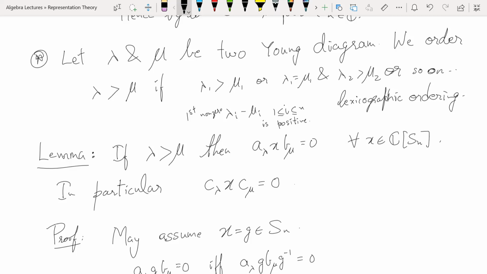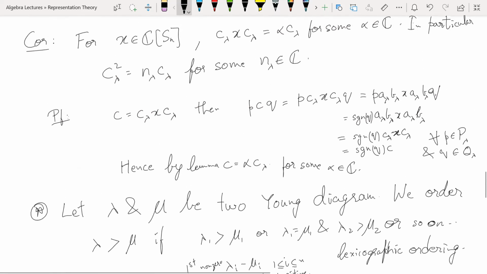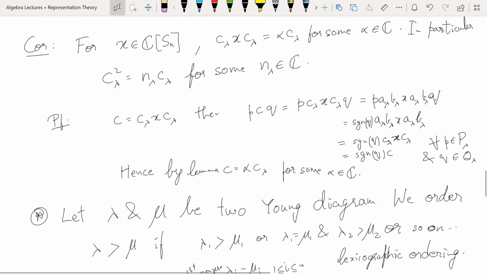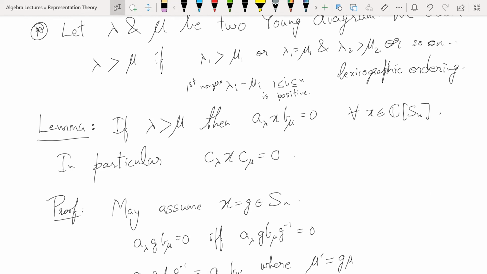So the second lemma says the following. What we proved in this lemma is that C lambda x C lambda is some scalar times C lambda. This will allow us to prove that the V lambdas are irreducible. And the next thing we'll prove is that if lambda is greater than mu, then A lambda x B mu is 0.